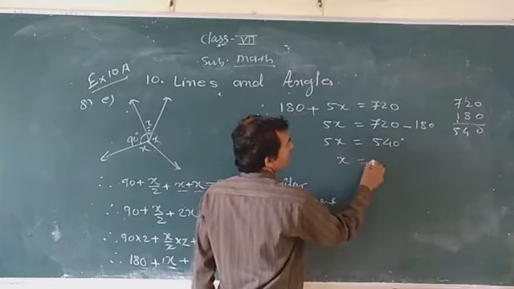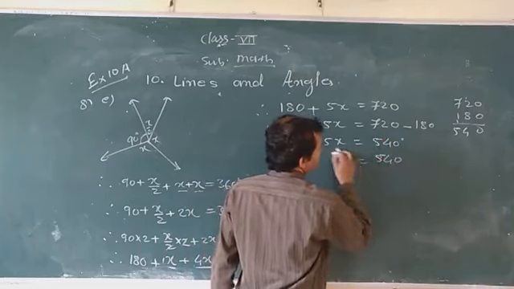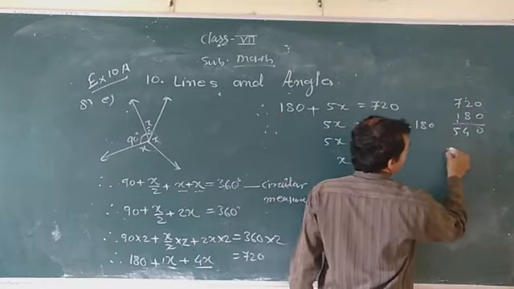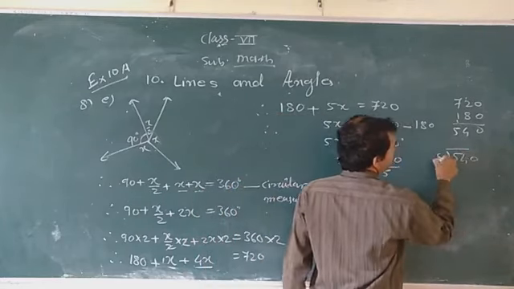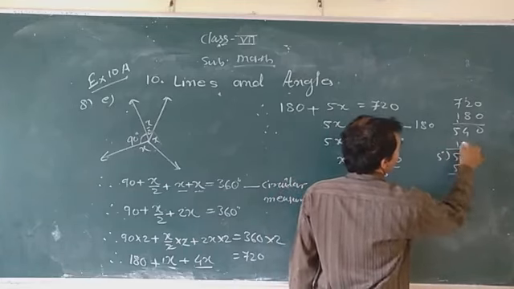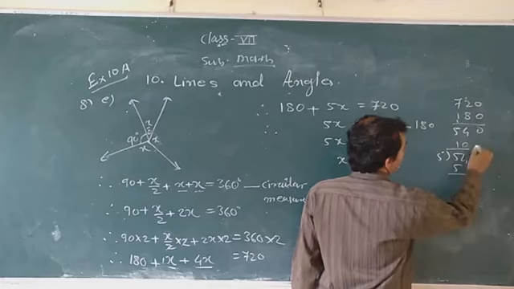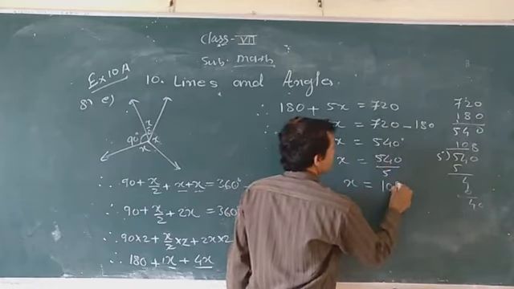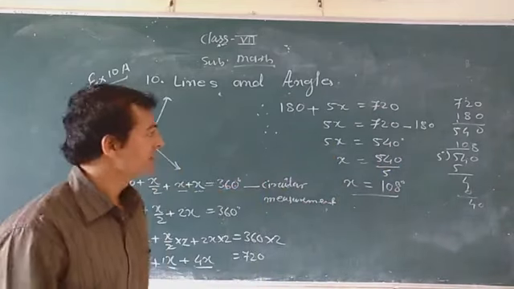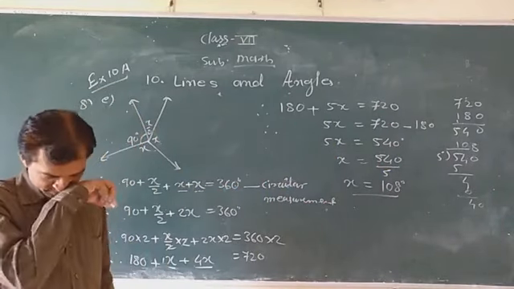So x is equal to 540 divided by 5. आप डिवाइड करोगे तो 540 डिवाइडेड बाय 5, you can get 108. So what is the value of x? 108. Okay. So in this way you can find it.